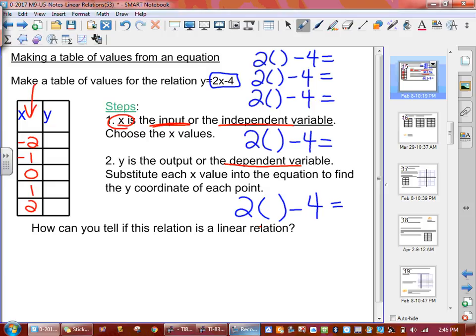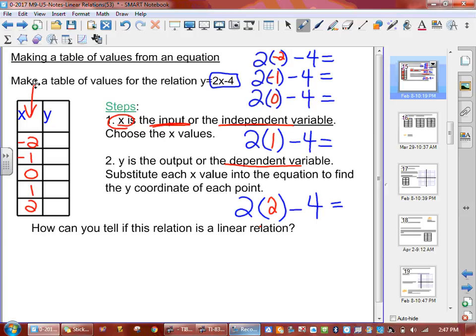Now we're going to solve each of those. We're going to do BEDMAS. So when we solve these, we're going to get 2 times -2, subtract 4 is -8. And again, all you have to do is put these in your calculator. Let's try our mental math though.